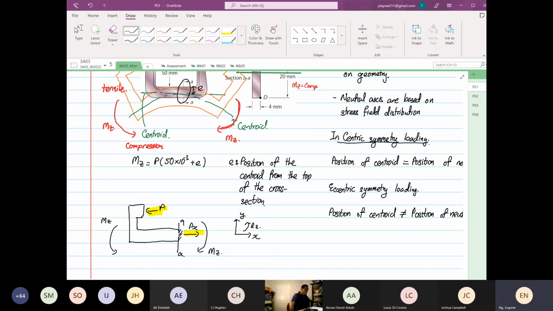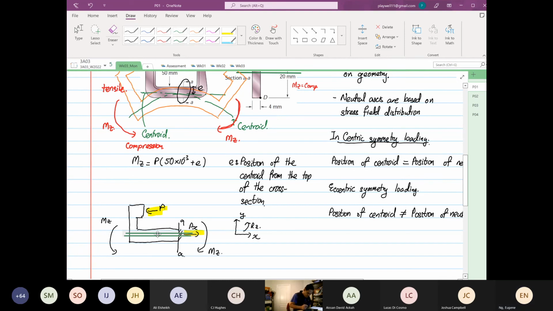Some of you would tell me, Eugene, does Px have to be acting on the centroid or off the centroid? Let's say this is our centroid position, or I make it that Px is acting off the centroid.